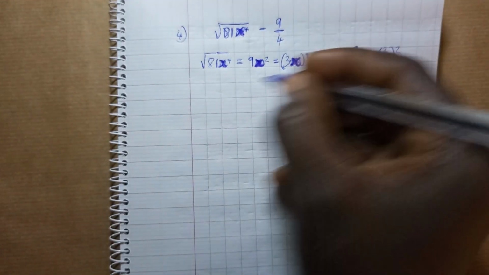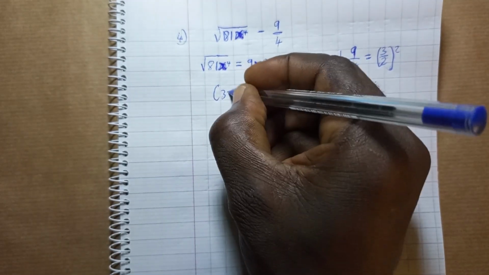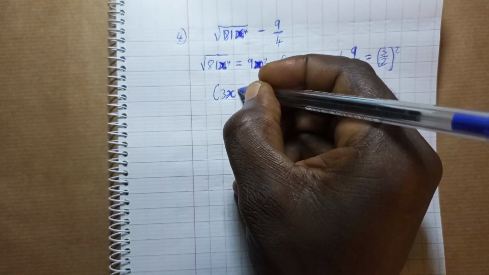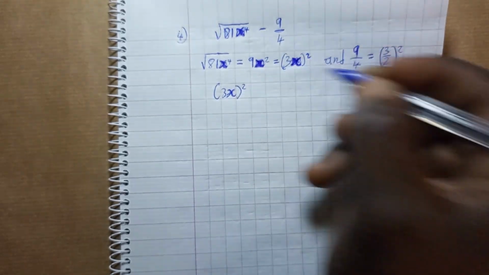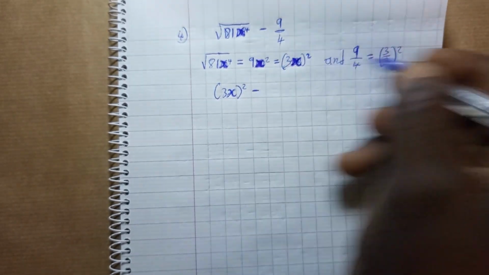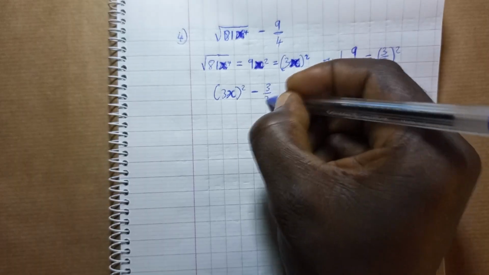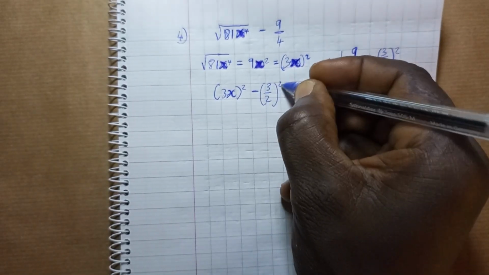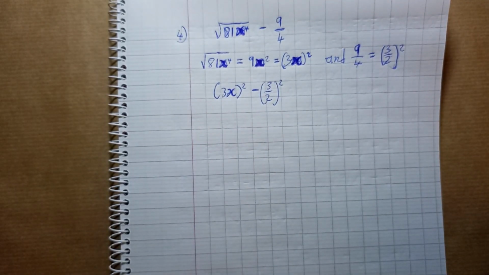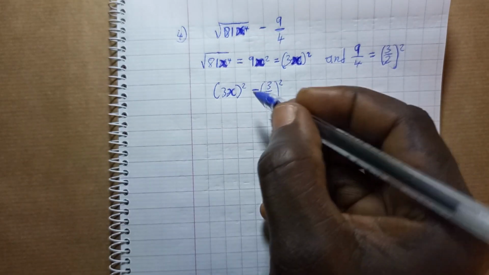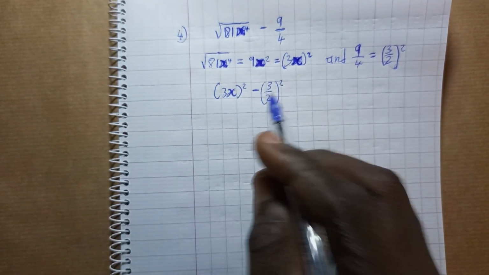So we have this one as 3x square minus 3 over 2 square. So it is now in the perfect square form, which is a difference of two squares.